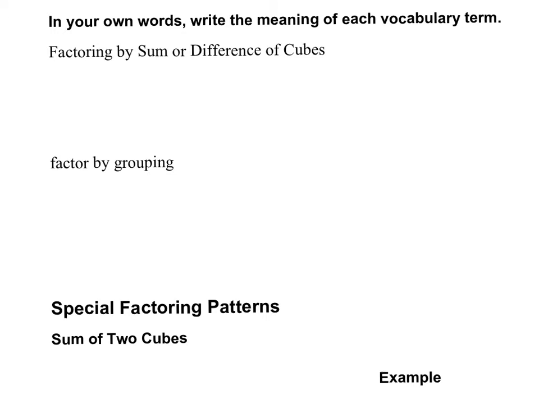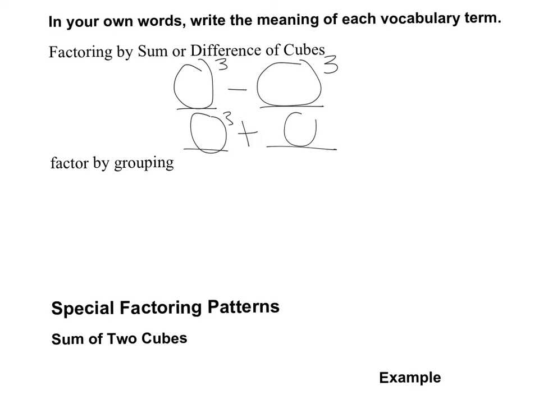As long as you know that it's a difference of cubes, which means you have some term that's subtracted, and whatever is here is a cube of something, and whatever is here is a cube of something, you can do that. It also works for sums. If it's something added, and each part is cubed, this works, and you can use the formula. All you do is plug your numbers into the formula, and we'll show you that.